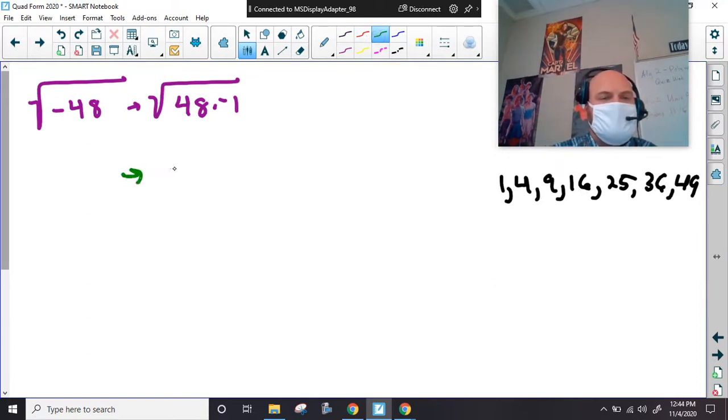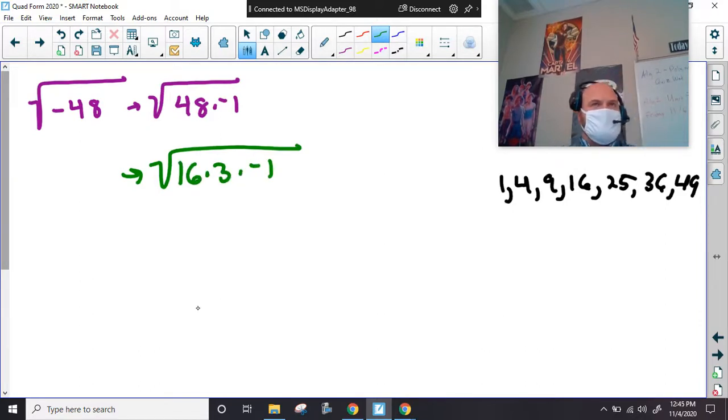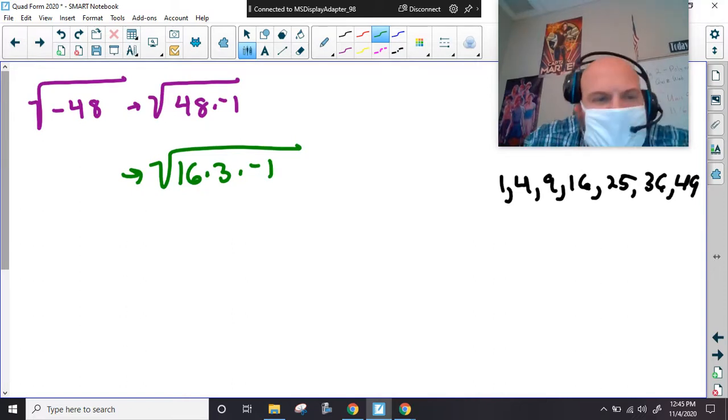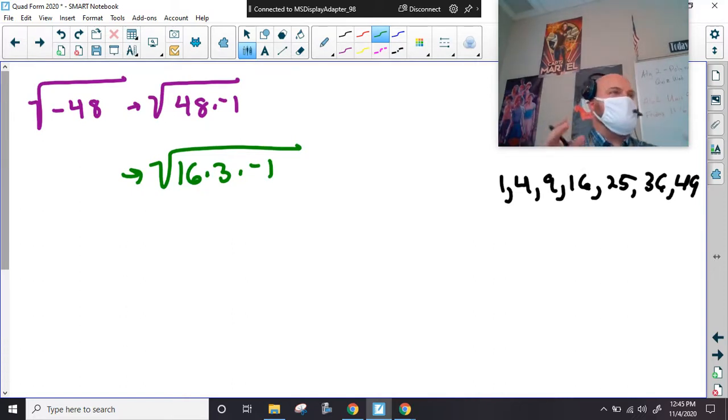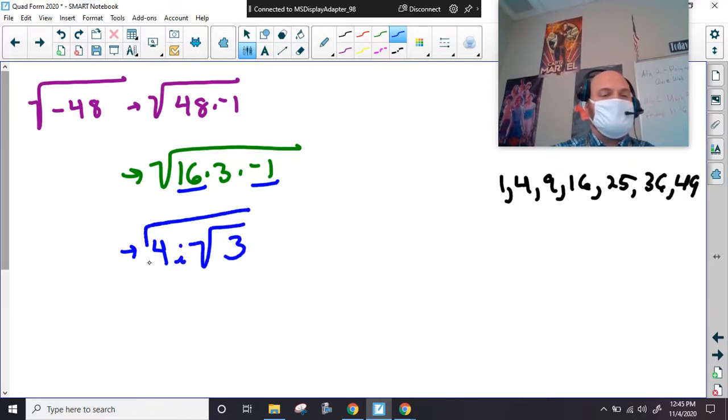So we can rewrite this as the square root of 16 times 3 times negative 1. Now, some of y'all are getting lost on the fact that I'm simplifying this radical. When you're simplifying radicals, what have I said to use? Calculator. Use the calculator, because it will do it for you. But what is the square root of 16? What's the square root of negative 1? And then 3 stays in the house.